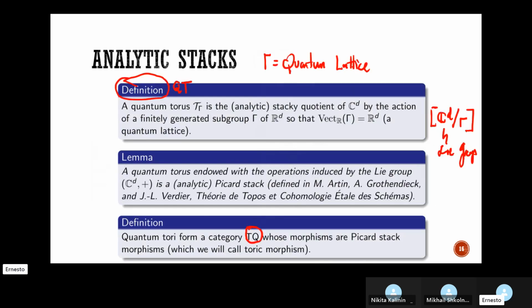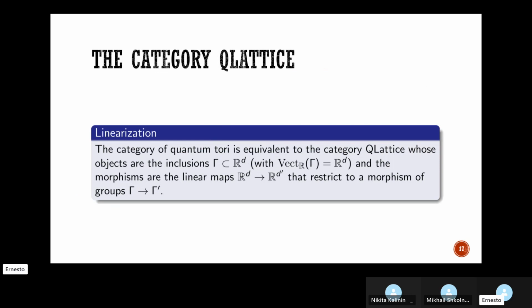So the category of quantum tori, the TQ category, has quantum tori and has morphisms of quantum tori. But this is equivalent to a much more concrete category.